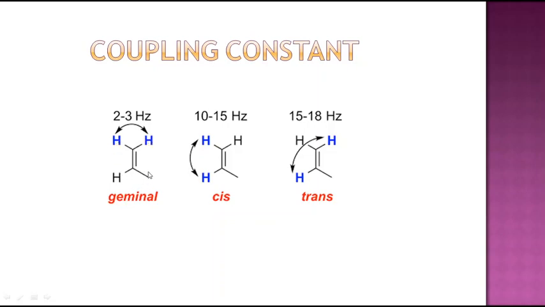Here there is a chlorine; this hydrogen is adjacent to chlorine, but this hydrogen is adjacent to hydrogen, and therefore these two are not the same. Chemically these two are different, and when they are chemically different, automatically they will be magnetically different, and magnetically different nuclei will give separate signals.